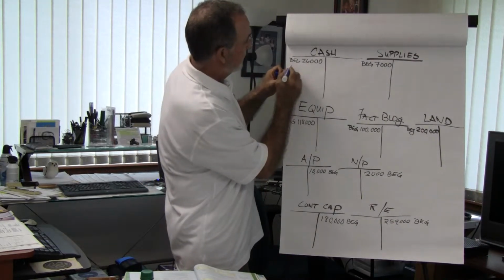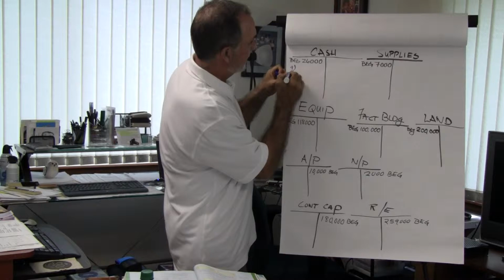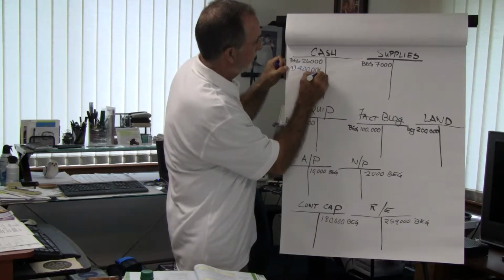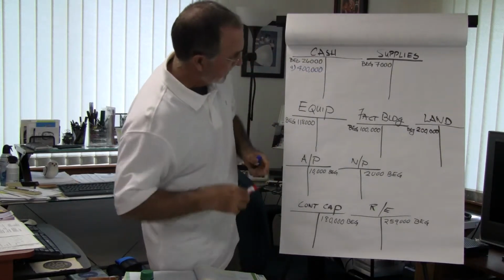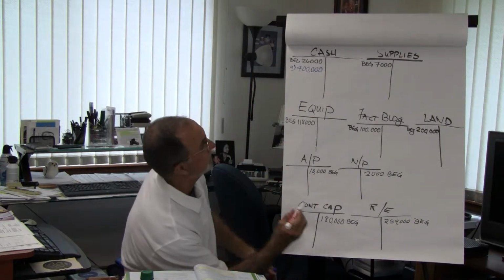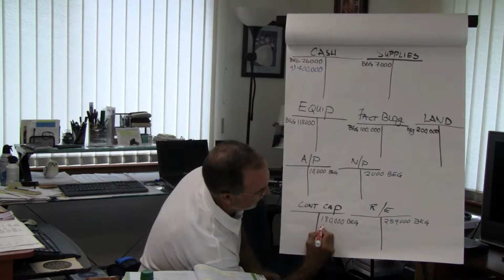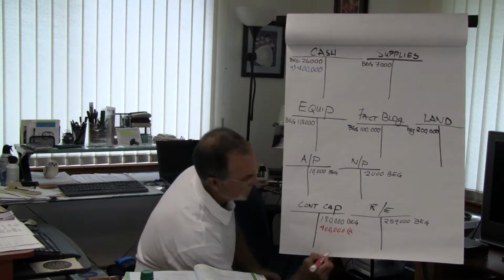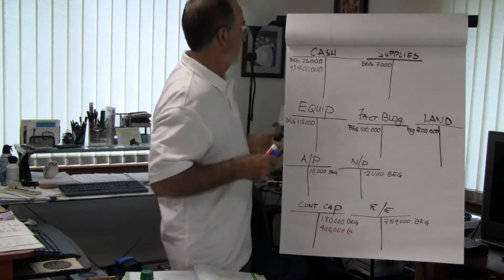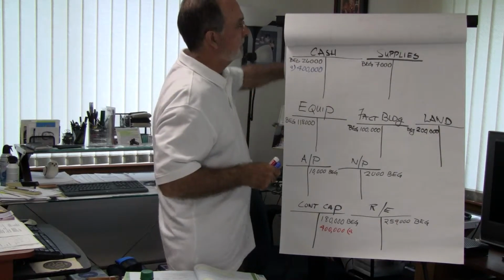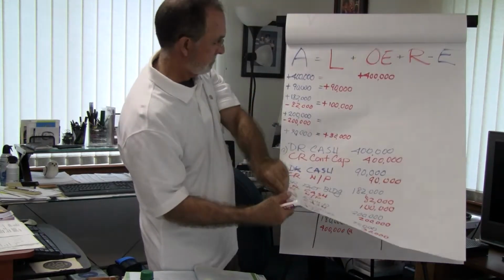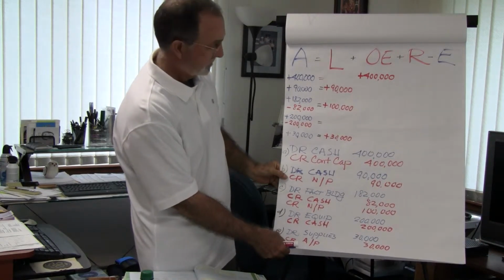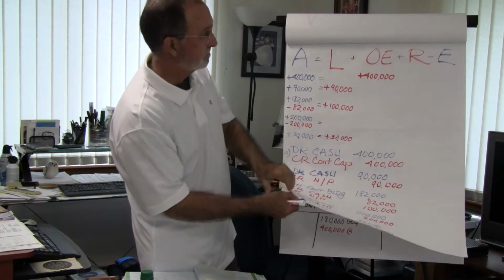So we debit with a left side entry, transaction A, debit to cash, 400,000, and credit with a right side entry, 400,000 to contributed capital, transaction A. Our second entry is a debit to cash, credit to notes payable in the amount of 90,000.